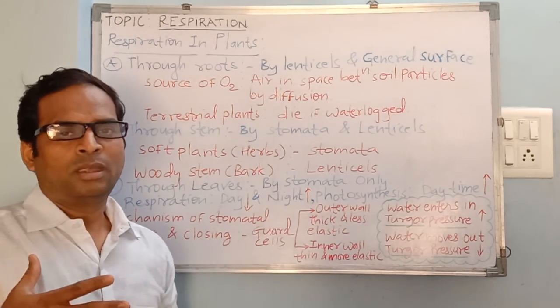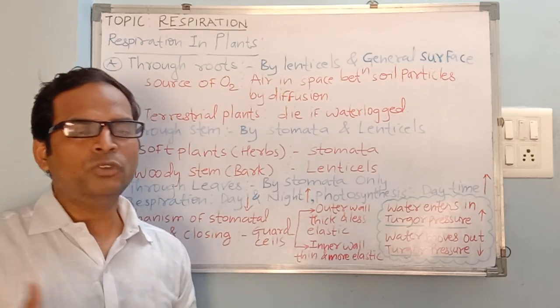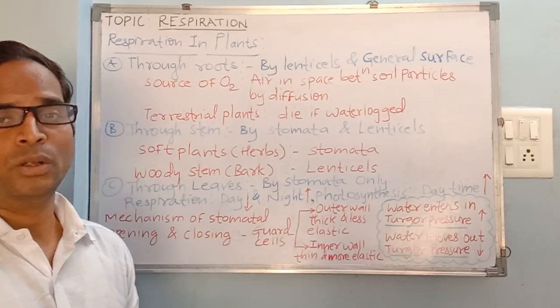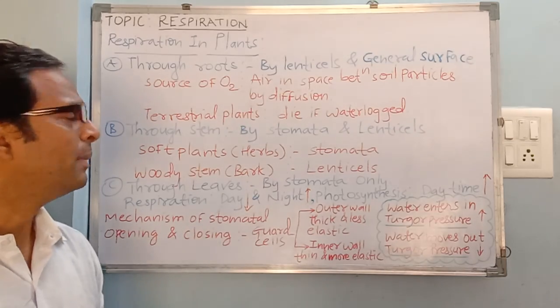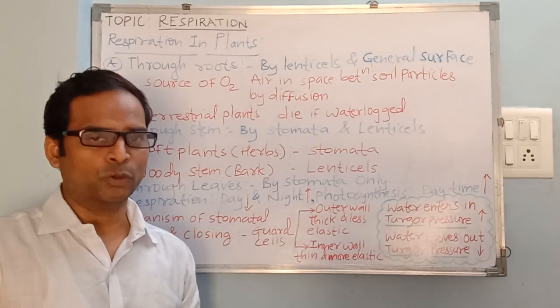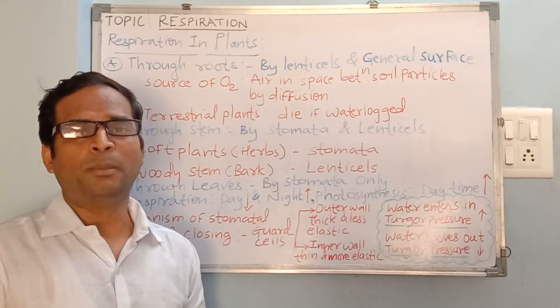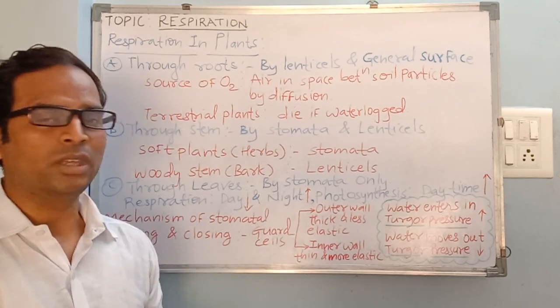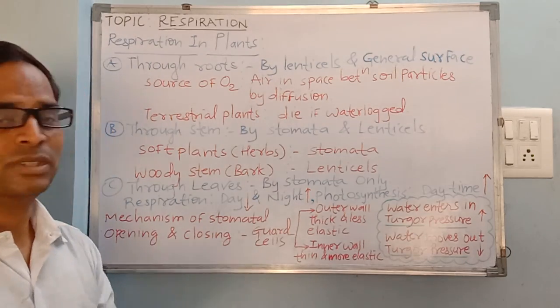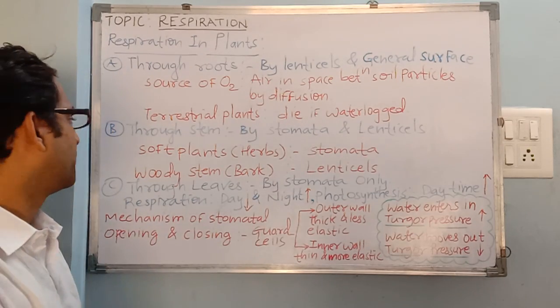So oxygen moves from a higher concentration towards a lower concentration by the process of diffusion, and ultimately the carbon dioxide which is produced inside the cells of the plants will move out from the roots into the soil by the same process, which is called diffusion.